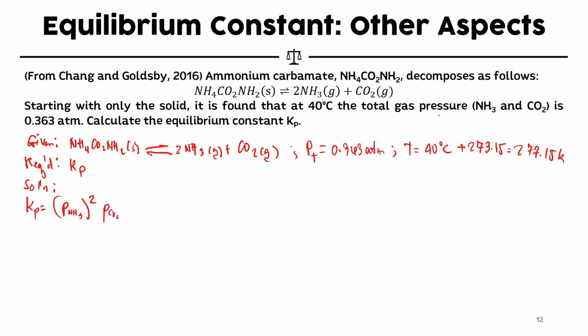What we're just given here is the total pressure in the vessel at equilibrium. Since the only components present are ammonia and carbon dioxide, the total pressure is equal to the partial pressure of ammonia plus the partial pressure of carbon dioxide.